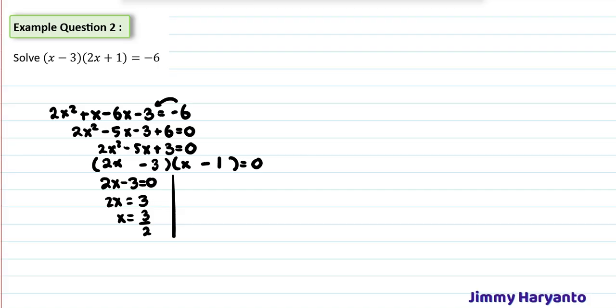You can do it like this, or you can get the value of x directly from the numbers. If the number is negative 1, that means x will be equal to 1. Yeah, so we can skip these steps. Okay, so the answer for this one is x equals 3 over 2 and x equals 1.